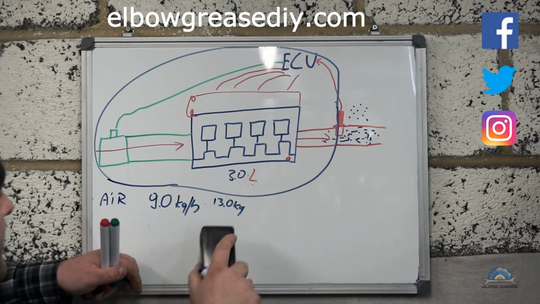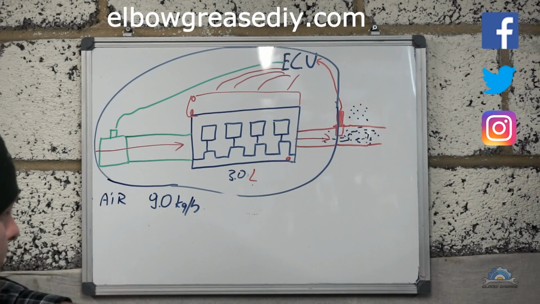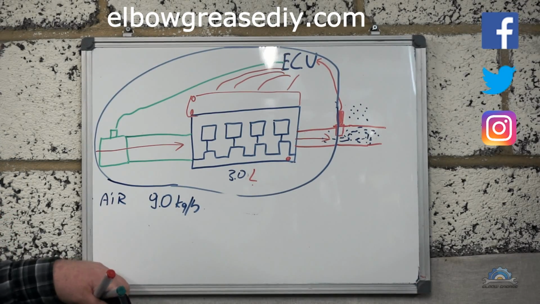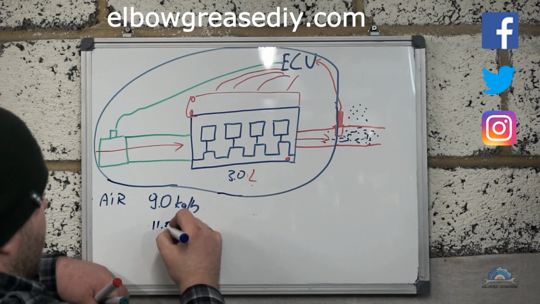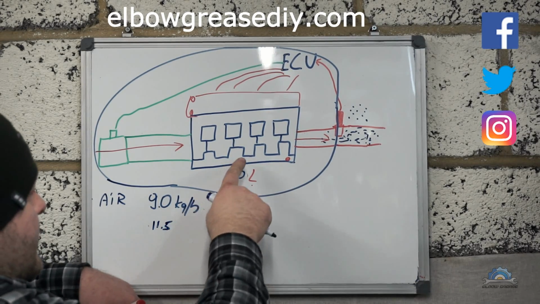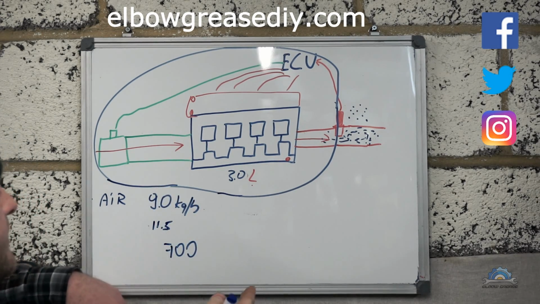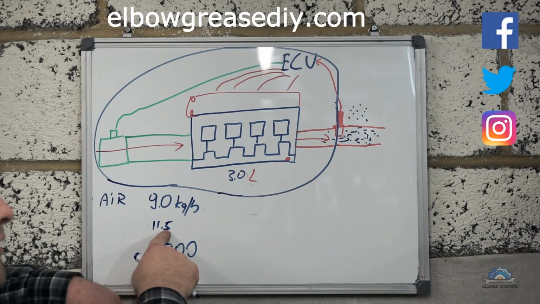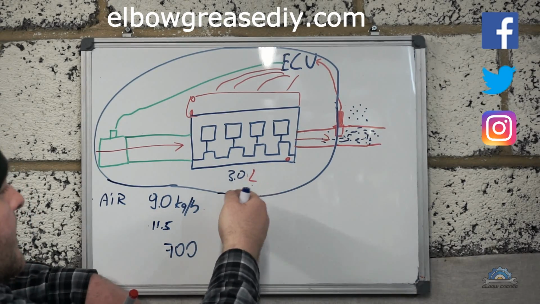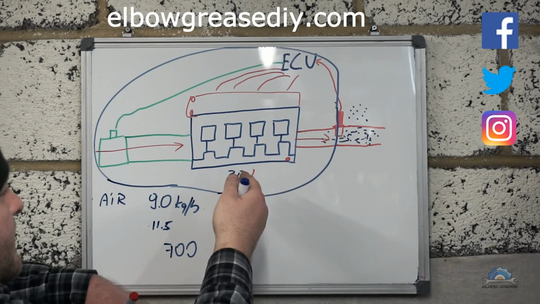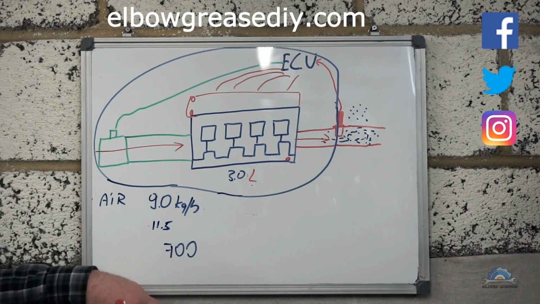So what's happening here? If we have only 9 kilograms of air per hour instead of, for example, 11.5. This engine at 700 RPM will always consume around 11.5 kilograms per hour, because that's how it was designed. This is the 2.5 liter version. Here we have 4 cylinders, but we know we've got 6 cylinders.